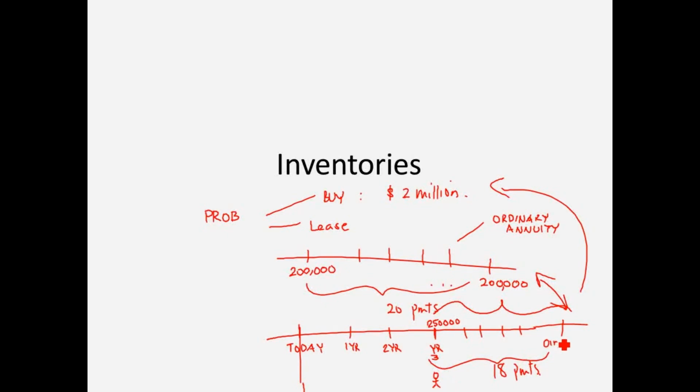So annuity due, 18 periods, 10% interest. Am I done? Why not? Because that's the present value of this annuity here in year 3. But is that worth more or less than what it is today?